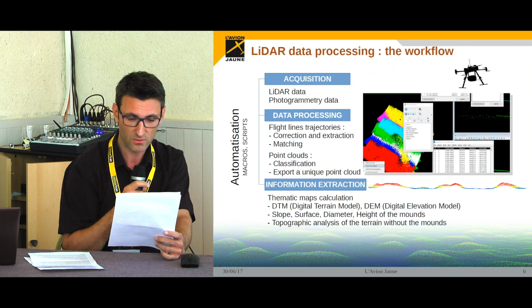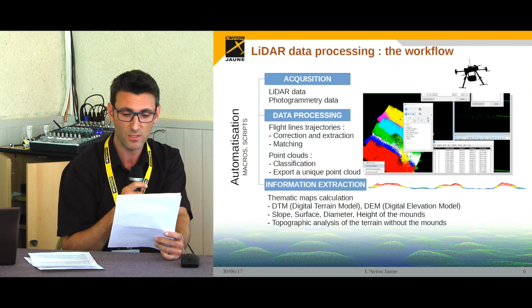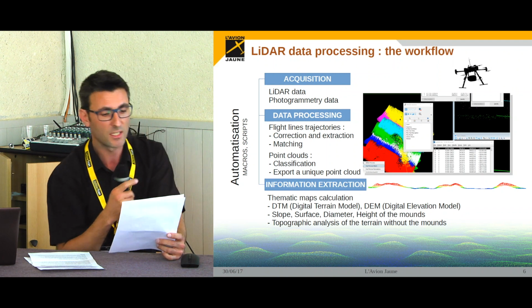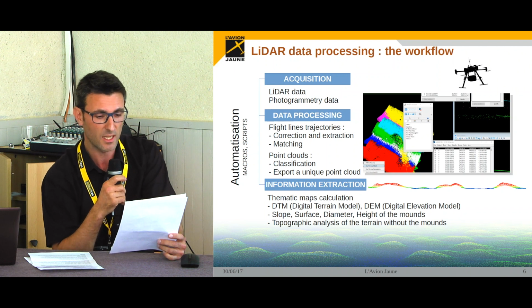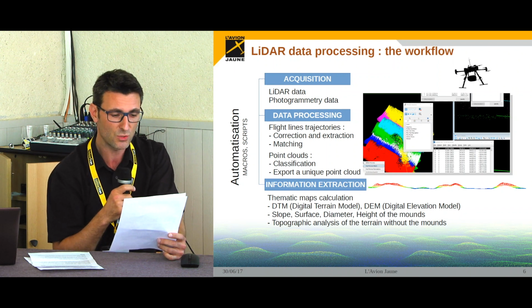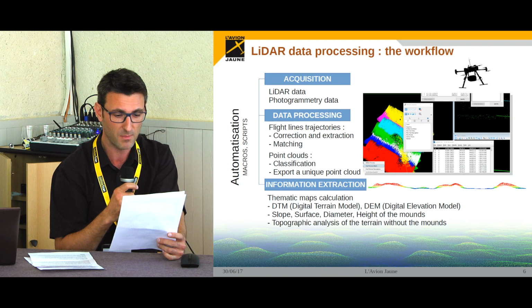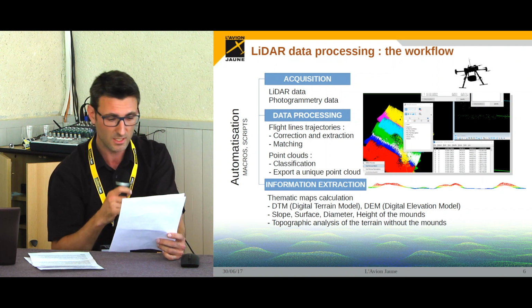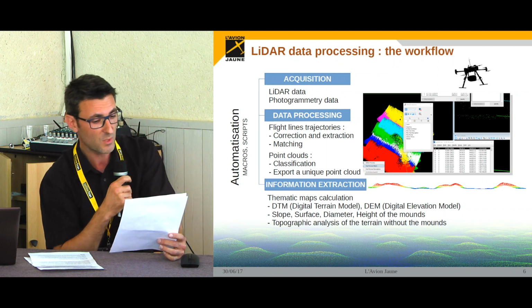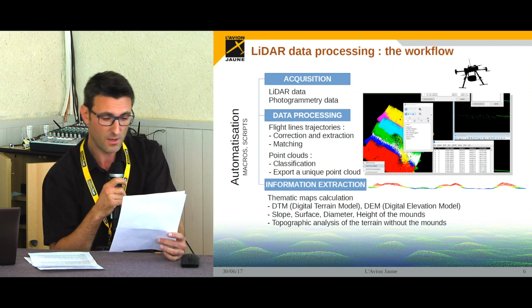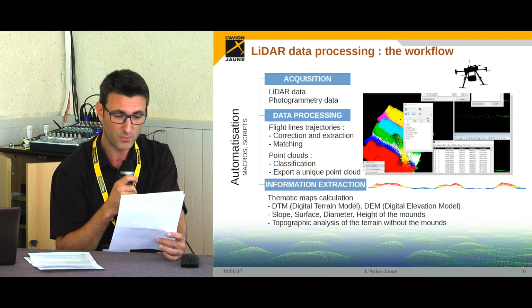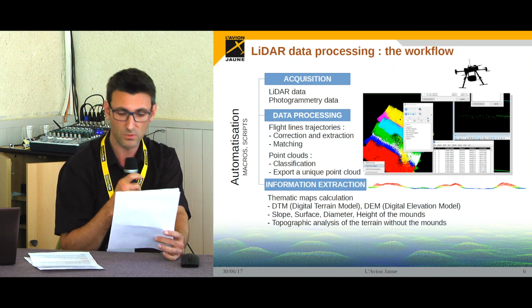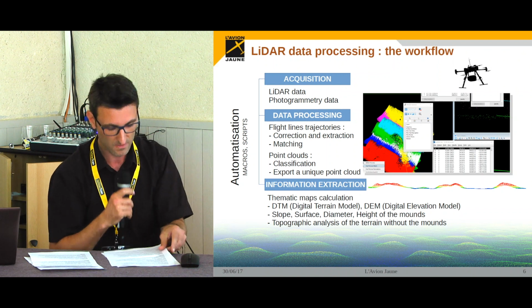The extraction of the desired information from the processed data, like digital terrain model and digital elevation model, is used to create thematic maps like slope, surface, diameter, and height maps. Finally, we try as much as possible to automate the data processing workflow through macros and script use.